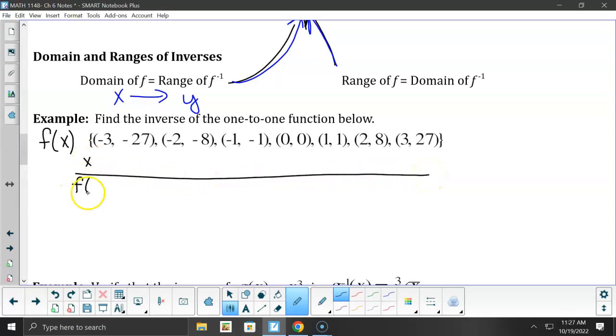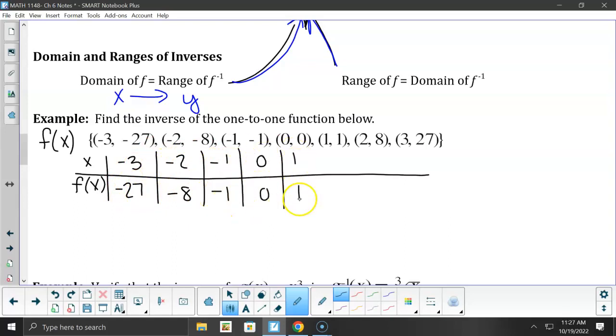So f of x, and just pull your x and y values as you go through. So -3 was x, -27 for f of x. But in my math lab, you're going to have to do all the parentheses and the commas, and I'm sorry.